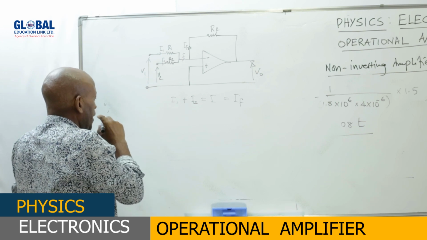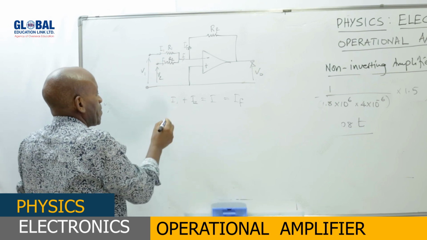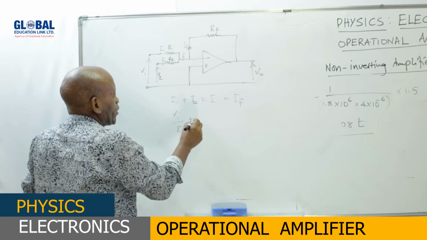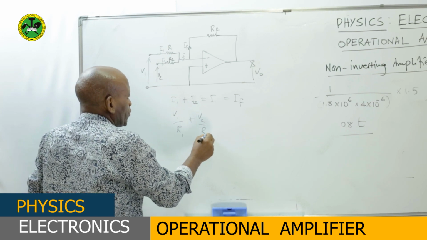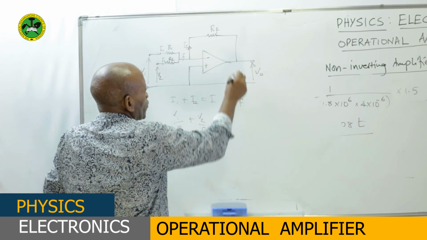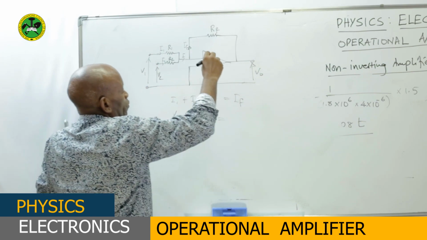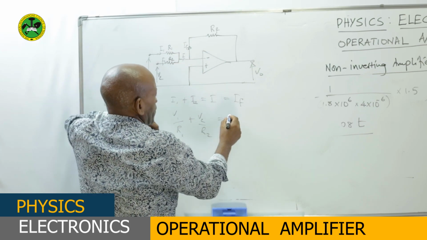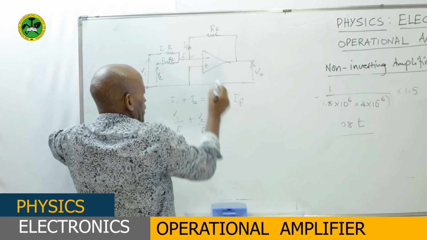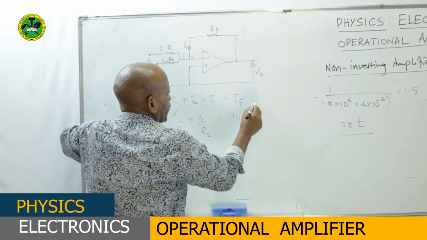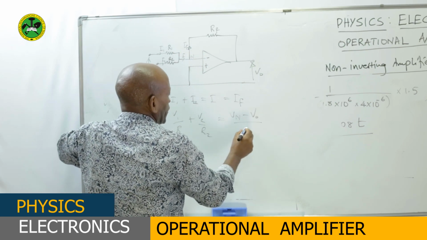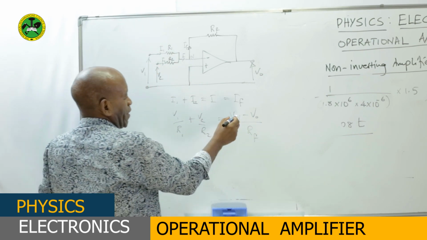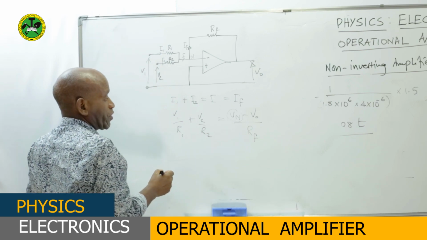The current I1 is equal to V1 over R1. The current I2 is equal to V2 over R2. And the whole of this will be equal to the current that goes to the feedback resistor, which depends upon the difference of the voltage at this particular point N minus the output voltage over the resistance of the feedback resistor. But this much is equal to 0.